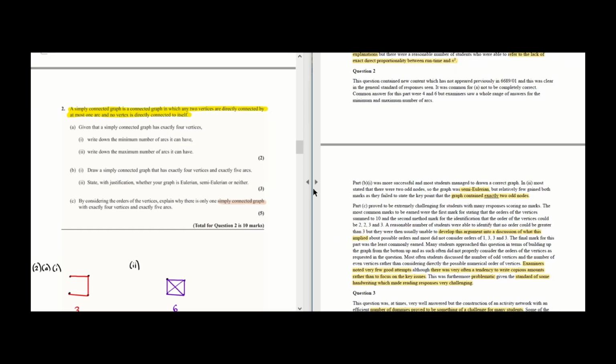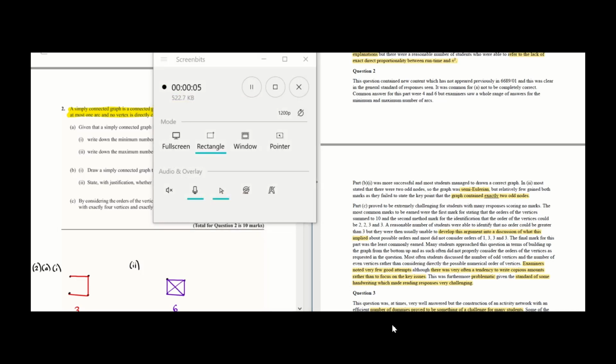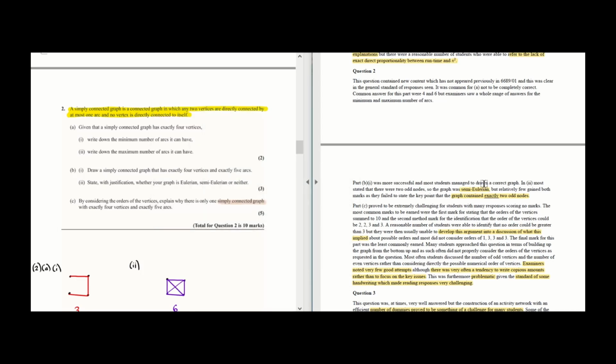Okay, in terms of question 2, that talks about graph theory. Many students struggled with this question. Part A was pretty much well done, but some common errors were to write 4 and 6 for the minimum and maximum instead of 3 and 6.